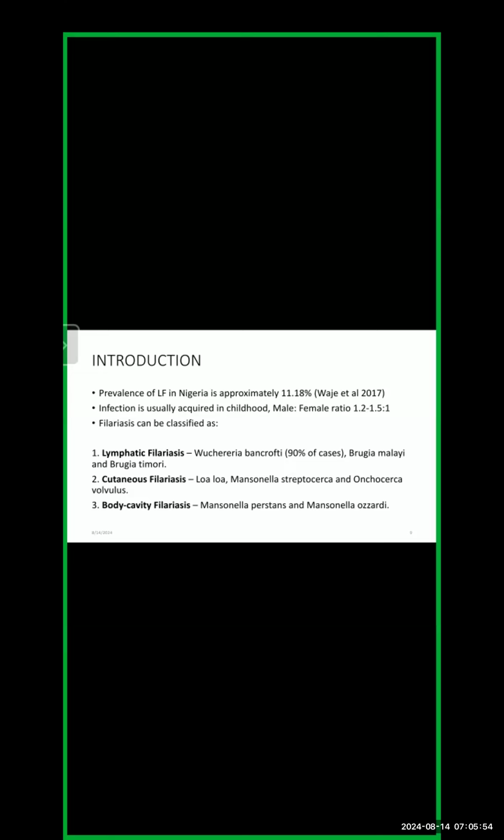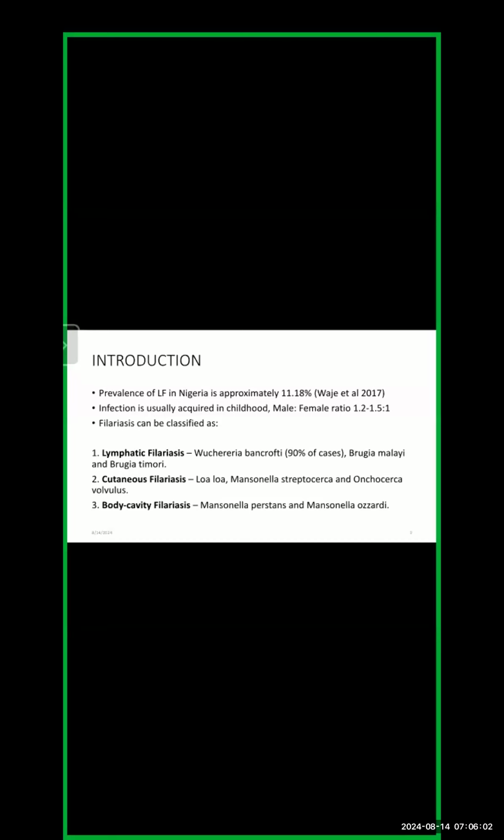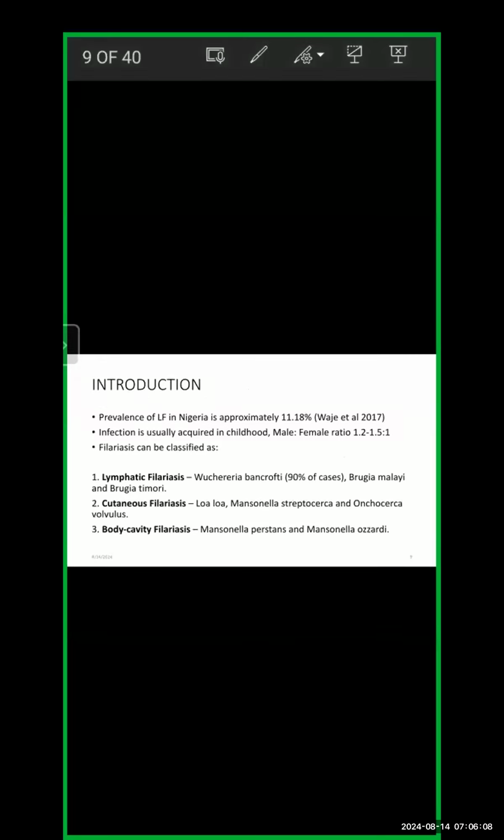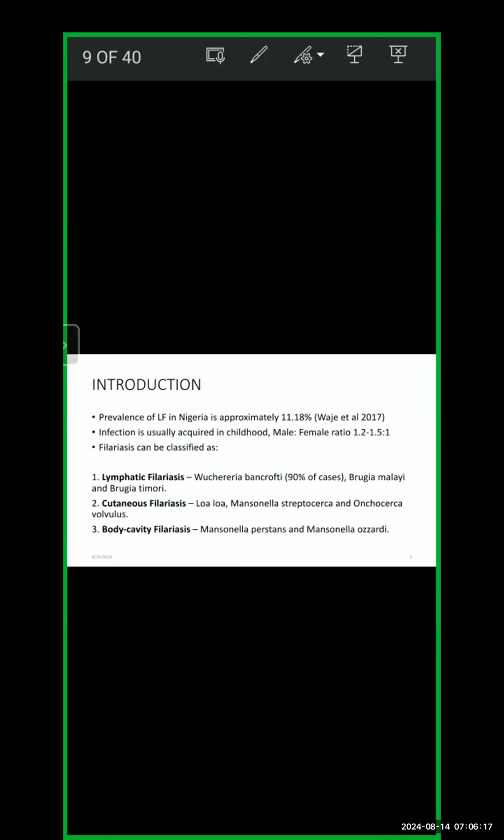Filariasis can be classified into lymphatic filariasis, cutaneous filariasis, and body cavity filariasis. So yeah, I'm talking about lymphatic filariasis, which is caused predominantly by Wuchereria bancrofti, which is seen mostly in sub-Saharan Africa. It can also be seen in Southeast Asia, Indian subcontinent, and the Pacific Islands, Latin America, and Caribbean. Brugia malayi accounts for about 10%.